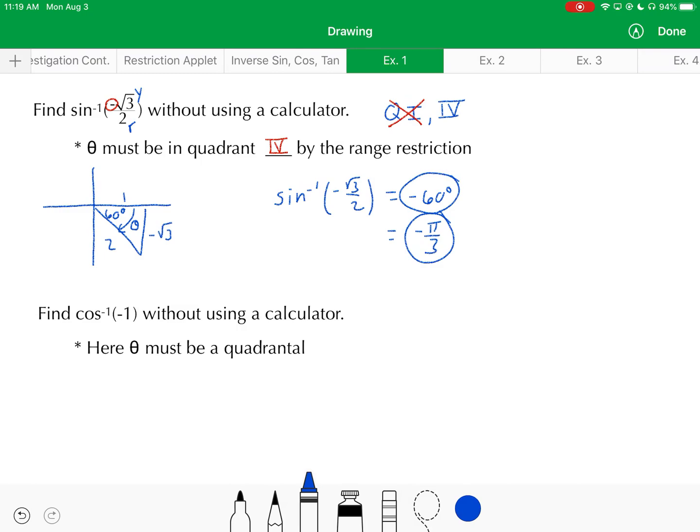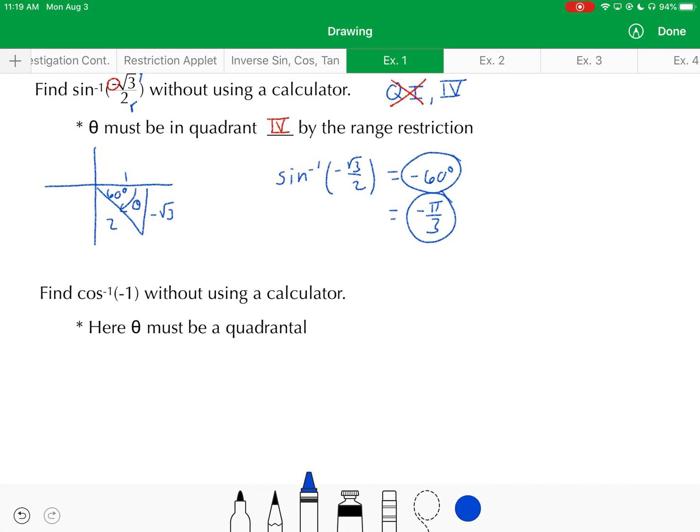All right, find inverse cosine of negative 1 without using a calculator. All right, so here, think of negative 1 as being over 1. We're working with cosine, so that's an x value, that's an r value. Essentially we're going to be on a quadrantal here, okay, with the x value having the same length as the r value, okay?